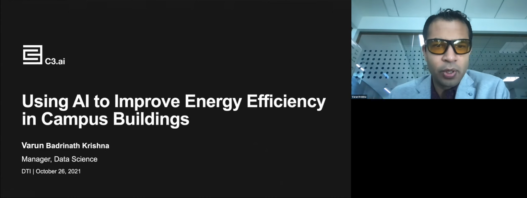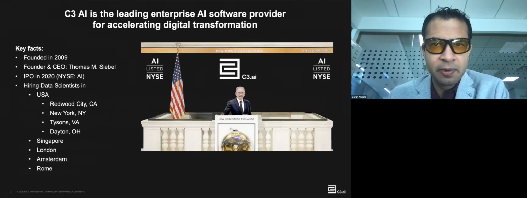For those of you who are not familiar with C3 AI, you've seen our name. We're the primary sponsor for DTI. But I'd just like to give a quick introduction of what we do. C3 AI is the leading enterprise AI software provider for accelerating digital transformation. That's what DTI is all about. We were founded about 11, 12 years ago.